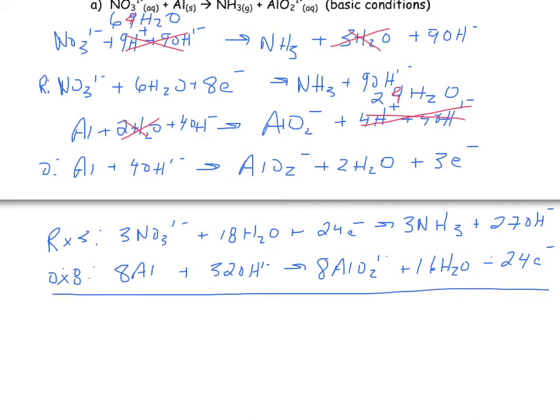Now I can algebraically add these together. The electrons are not the only things that cancel out. I have 18 waters as a reactant and 16 waters as a product. Net, that means I've used 2 waters. I have 27 hydroxides as a product and 32 as a reactant. That means net, I've used 5 hydroxides.